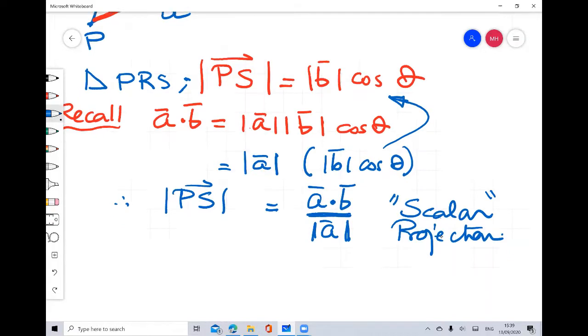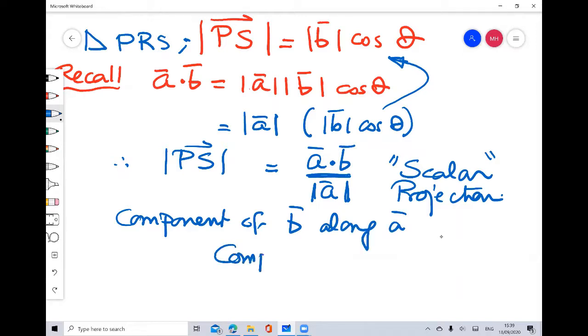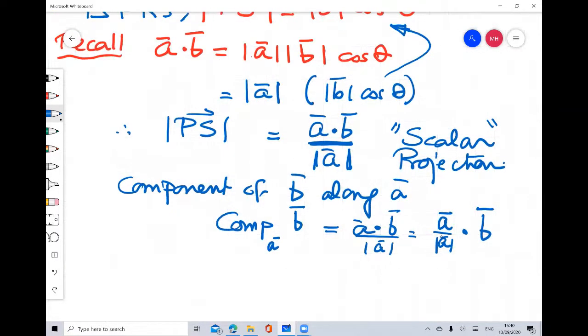I call it the scalar projection, or I call it the component of B along A. As a notation, we write it like this: component of the vector B along A. Actually, the formula I arrived at is A dot B over magnitude A. Also, I could look at it as the unit vector along the direction of A, dot the vector B. But however I look at it, what else do I need? Now I got the length of the projection.